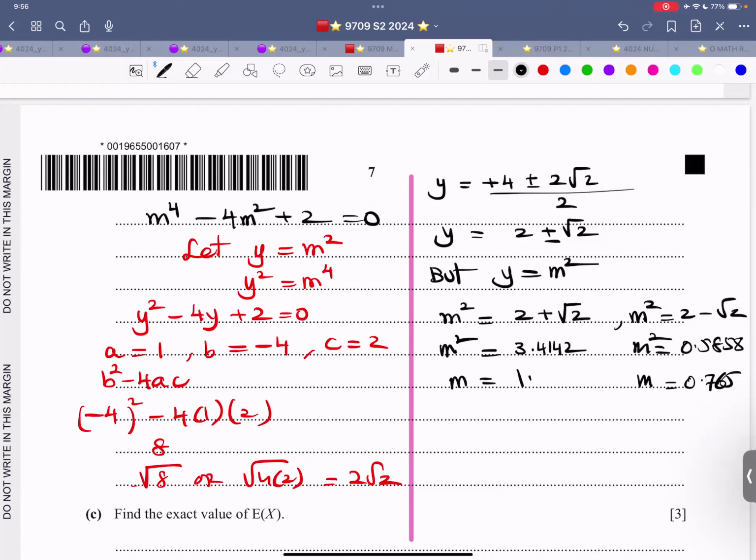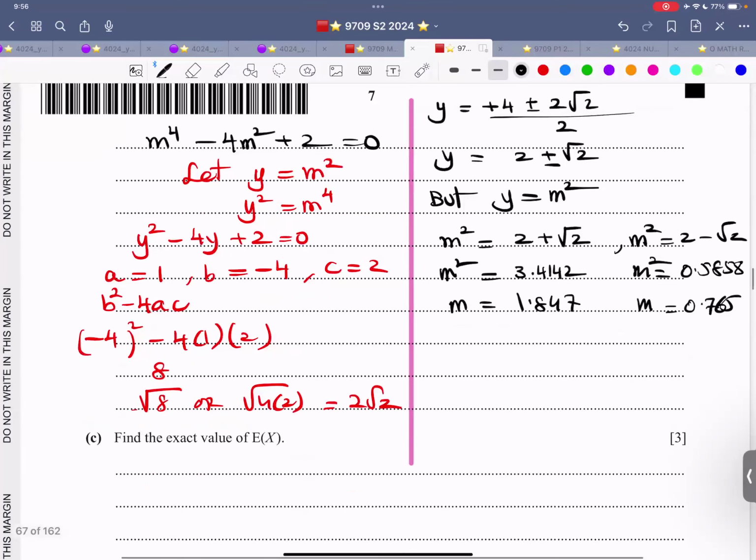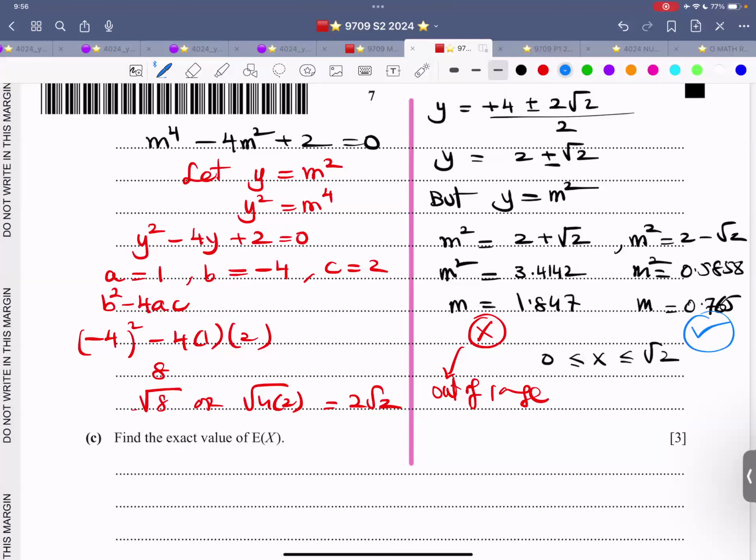So m is 1.847. Now remember, m or x lies between 0 and root 2. So therefore, discard 1.847, this is out of range. Accept 0.765, this is within the range.